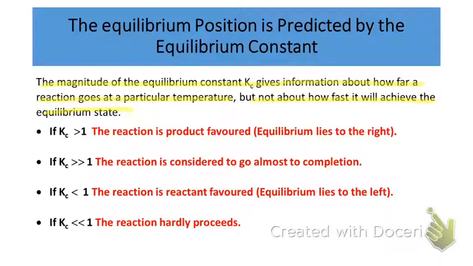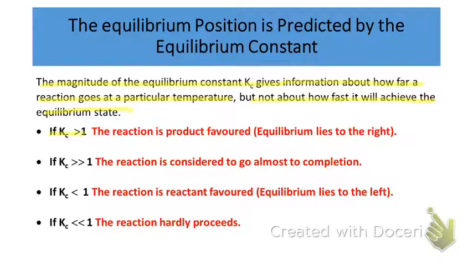Okay? So in other words, Kc has nothing to do with how fast the reactions occur, both the forward and the reverse reaction. Instead, Kc tells us where the equilibrium position is. Is it product favored or is it reactant favored? Okay? And so this is how you can tell.